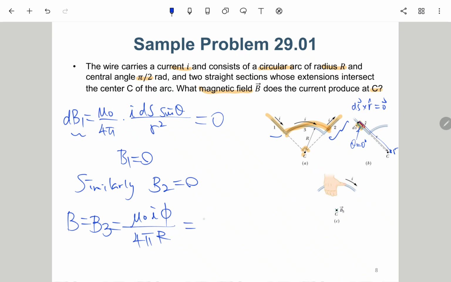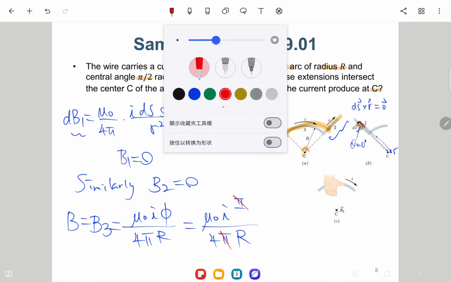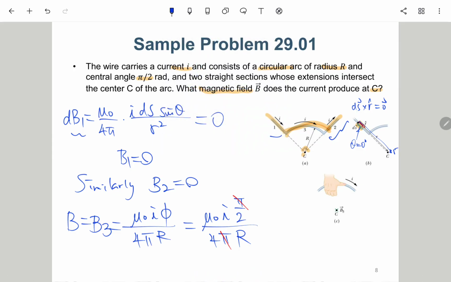Here phi is pi over 2, so it is mu 0 I times pi over 2, over 4 pi R. We can cancel the pi with the pi, and multiplying together, it turns out to be 8R in the denominator and mu 0 I in the numerator.